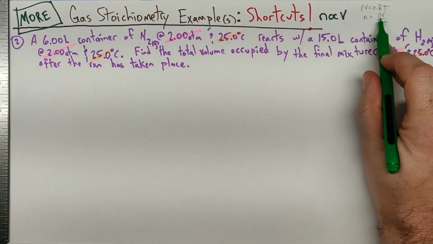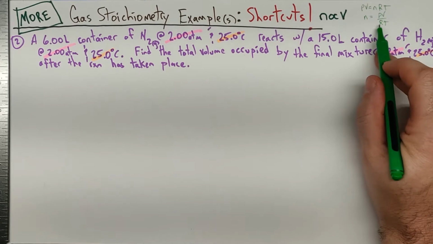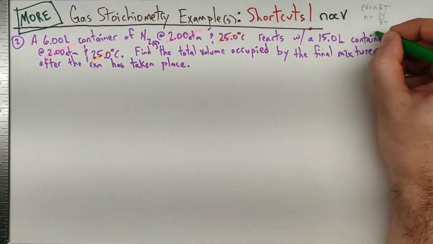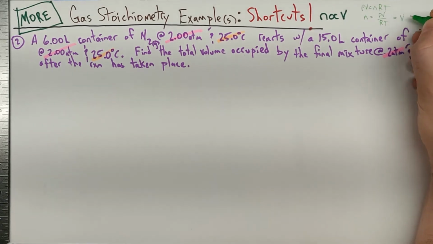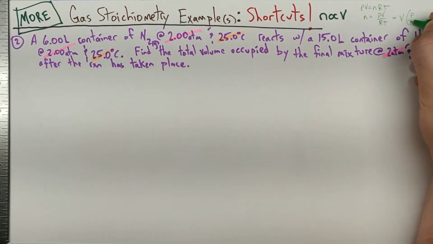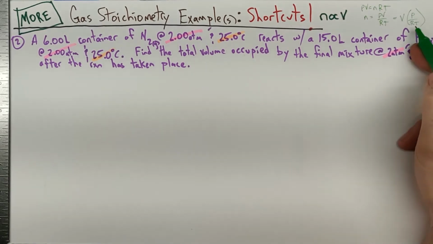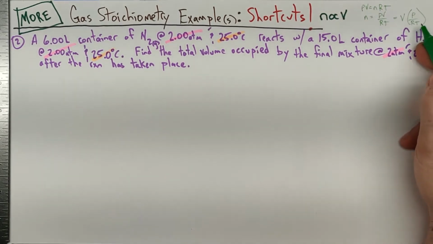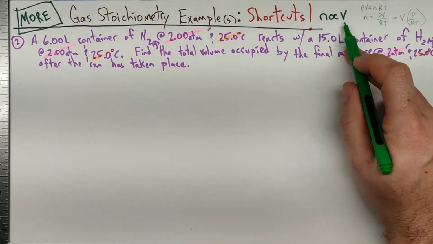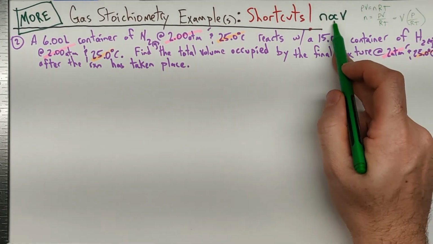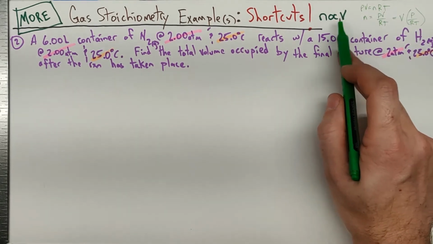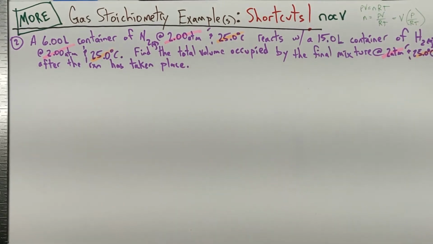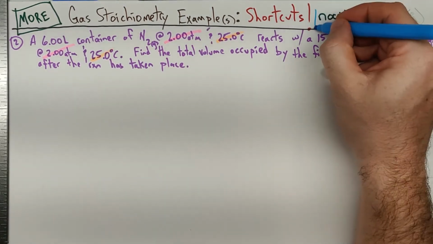But if your pressure and temperature and R are constant, you can say that n is going to be equal to V times P over RT, where pressure is constant, R is constant, T is constant, and then n is directly proportional to V. And again, in reverse, you can turn a proportionality sign into an equality by adding a constant. That's our constant there. So based on this, we should be able to do our stoichiometry with volumes, just like we did stoichiometry with pressures in the previous video.